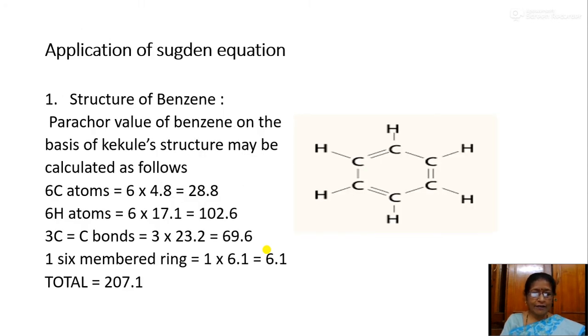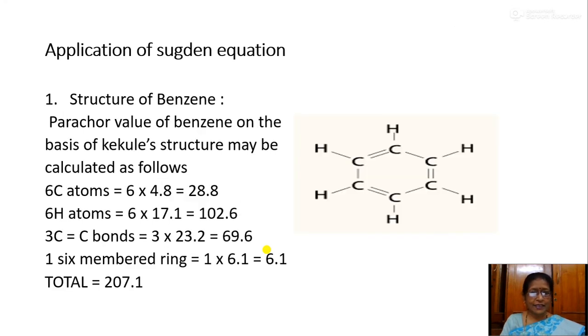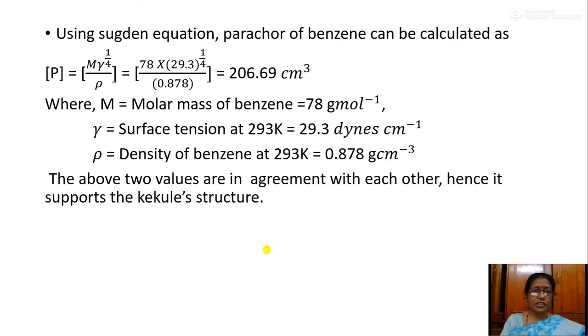That is 207.1, and now it is 206.69. So from these two we can say that the parachor or Sugden structure is supporting the Kekulé structure. Hence whatever the structure we obtained for the benzene is correct, according to the Kekulé as well as according to the Sugden.